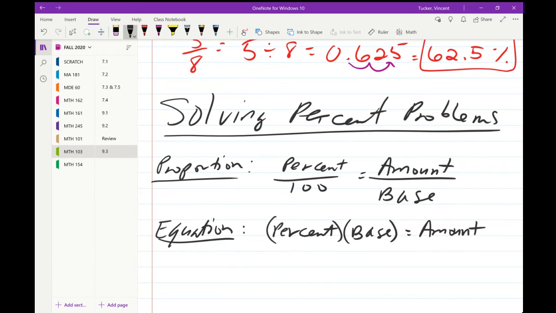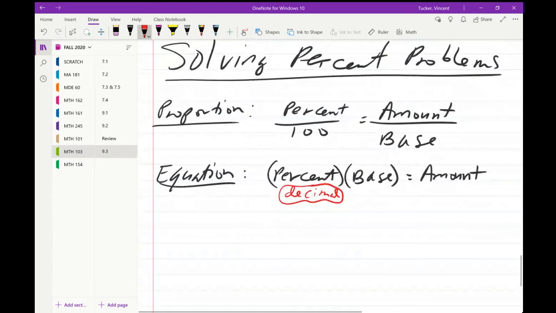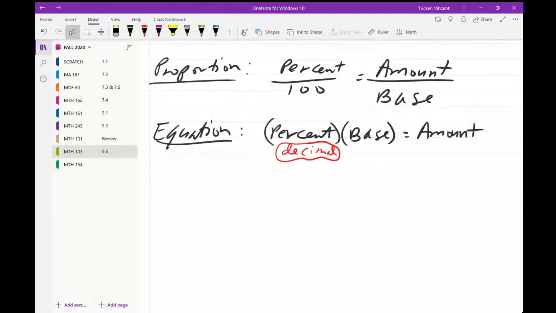All right, so let's try this out. Also here, before you do the calculation, make sure you turn the percent into a decimal. Notice the 100 is not in there.